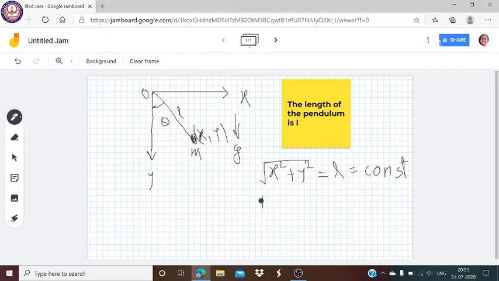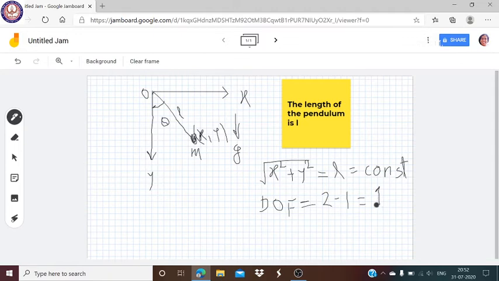The total number of degrees of freedom is 2 and we have to subtract the number of constraints. So it will be 2 minus 1, which is equal to 1.